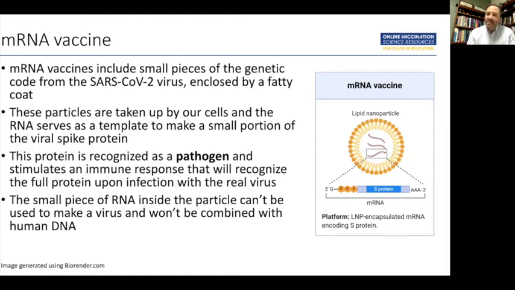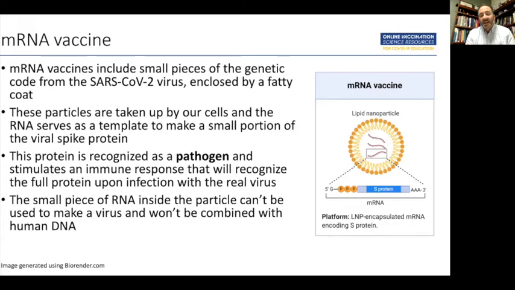These particles then are taken up by our cells, and the RNA serves as a template to make a portion of the viral spike protein. So it's this protein that becomes the pathogen, not the whole virus, but just this bit of the spike protein, which is being produced by our own cellular machinery.